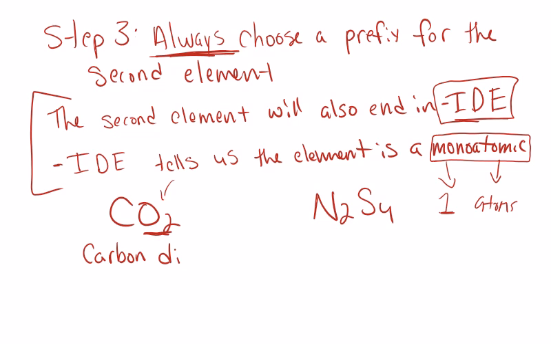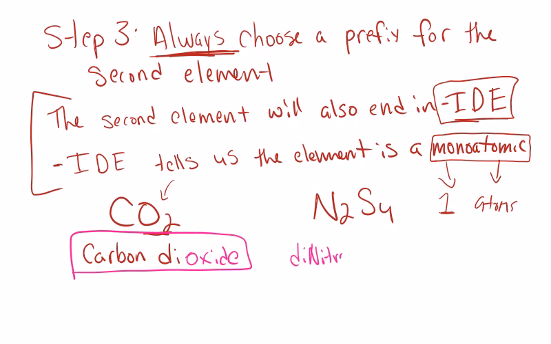We see here that in CO2, oxygen is the only atom. So instead of saying oxygen, we're going to call it oxide. So carbon dioxide. Over here, we decided that this was dinitrogen from step 2. We see that this is sulfur, but because it's one type of atom here, it is monoatomic. It needs to end in "ide," so we're going to call that sulfide.